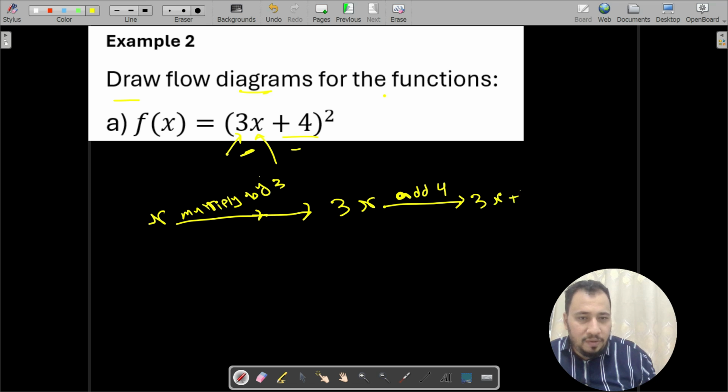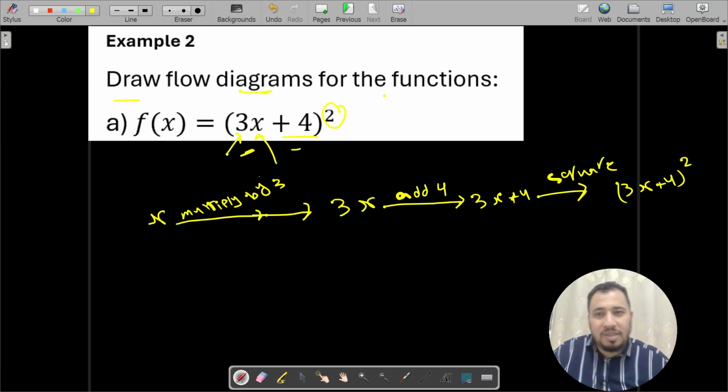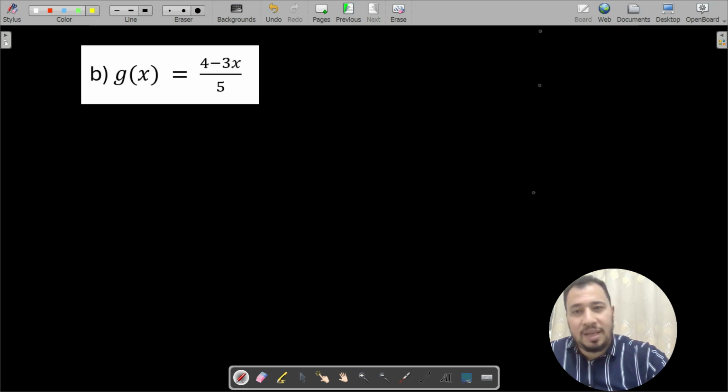And then what happened is the square, so simply you will make an arrow, then you write square, and then it's going to be 3x plus 4 all squared, and that's it. Okay, this is how to draw the flow diagrams for this function. Let's take a look at another example. This part is so easy, but let's take a look at another example in case you didn't understand that.